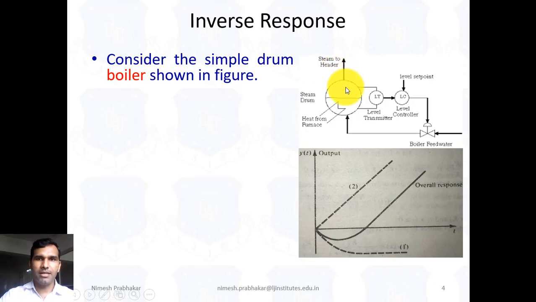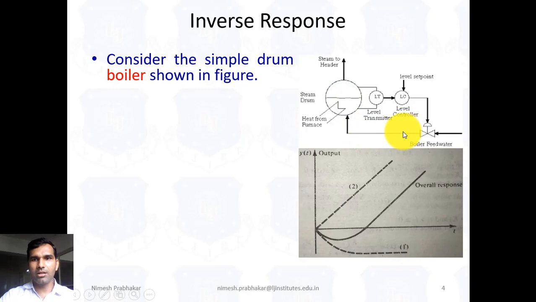At the initial state, when the boiler is working and we add this cold water, we know the water inside the boiler drum is hotter. This water is cold and the water inside is hot, so its temperature is higher.